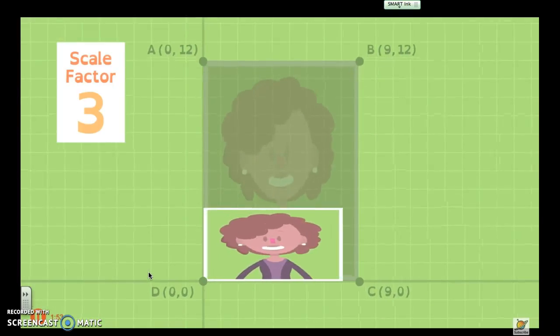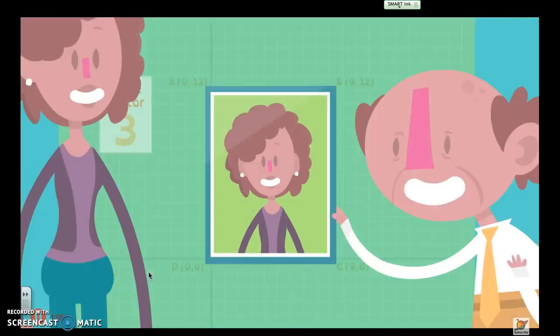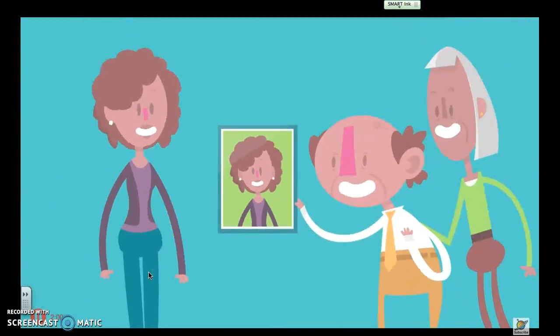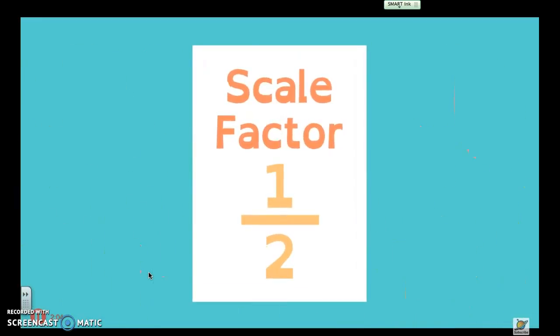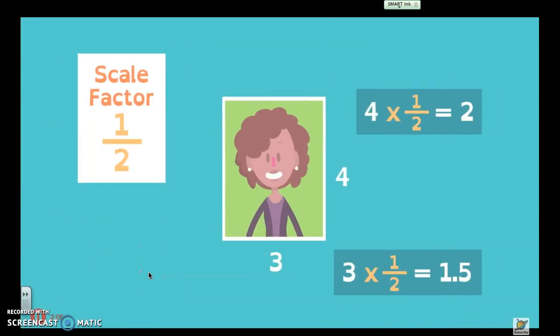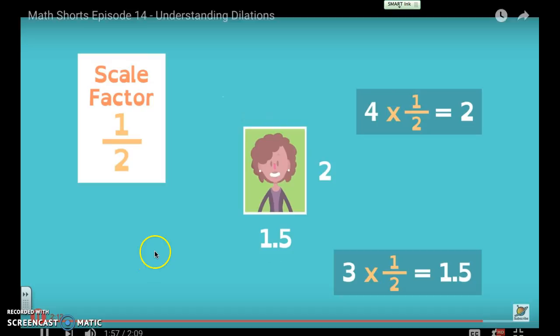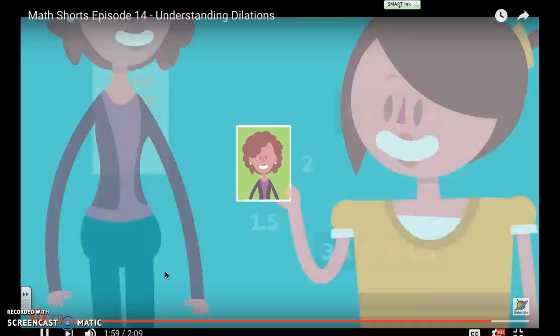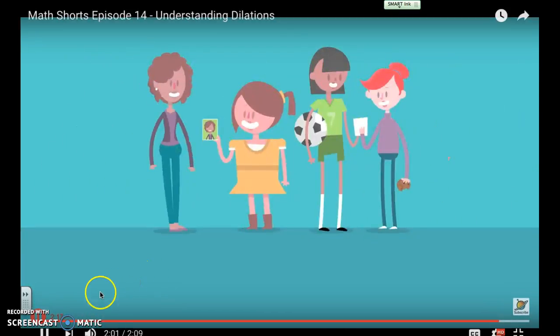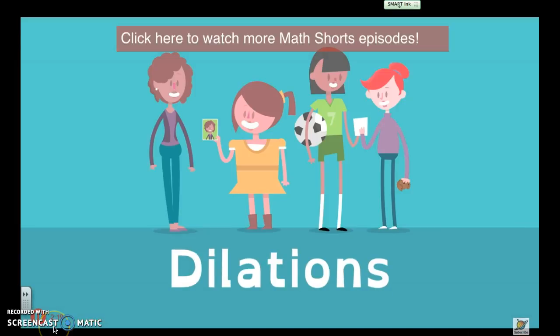Stretching the shape 9 units to the right of the center of dilation and 12 units up. Nice portrait, Kate. Grandma and Grandpa are so proud. If the scale factor is 1/2, the original dimensions are multiplied by 1/2. The dimensions of the reduced photo are 1.5 and 2. Different sizes, same proportions, with dilations.